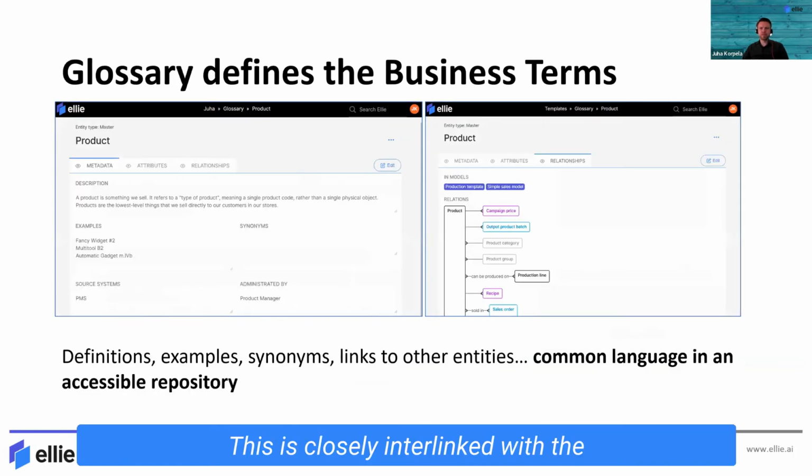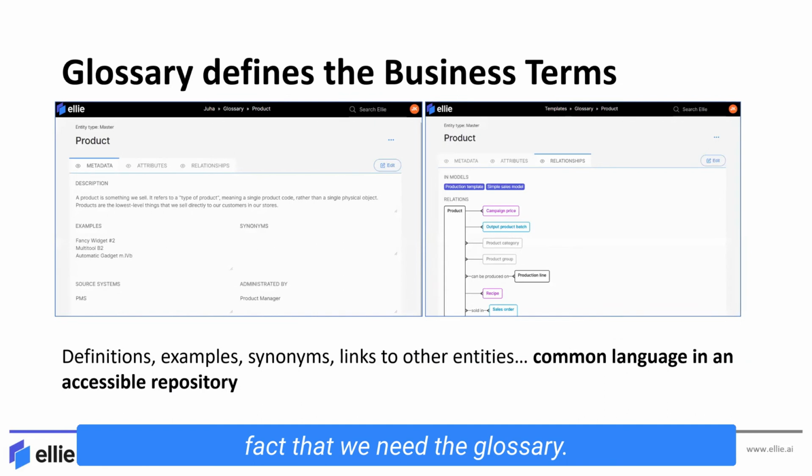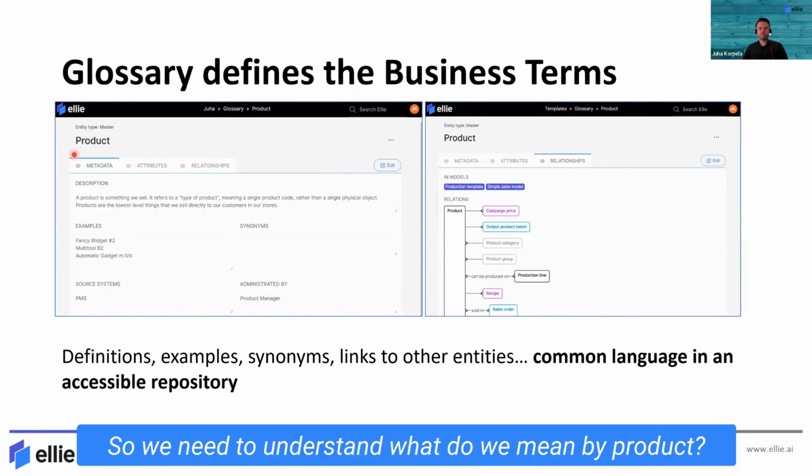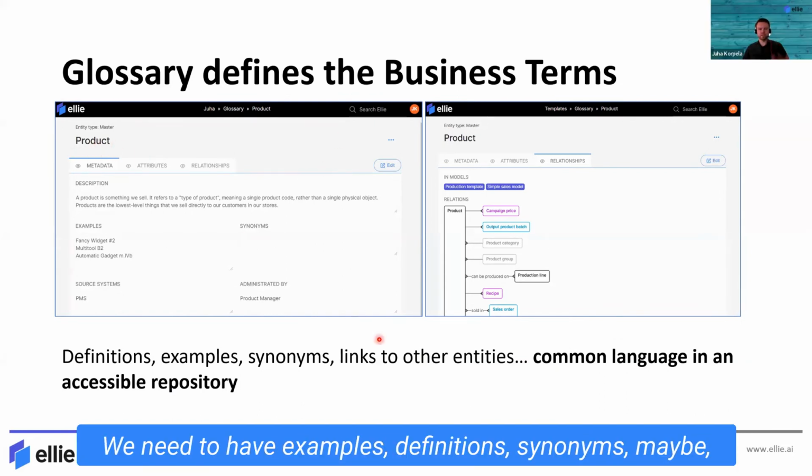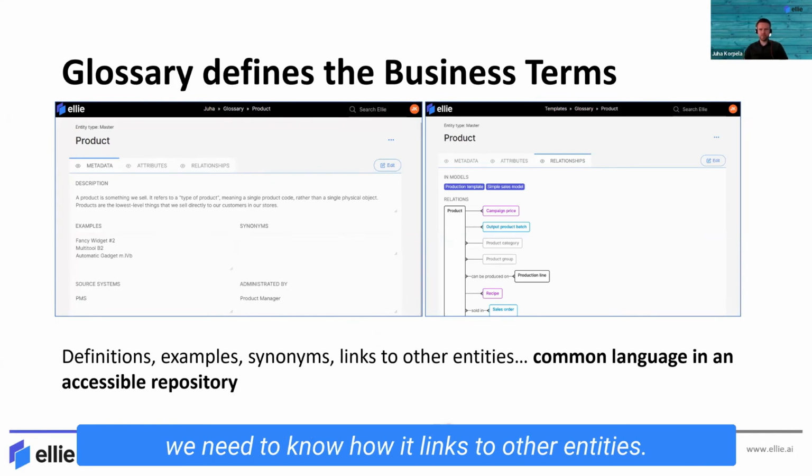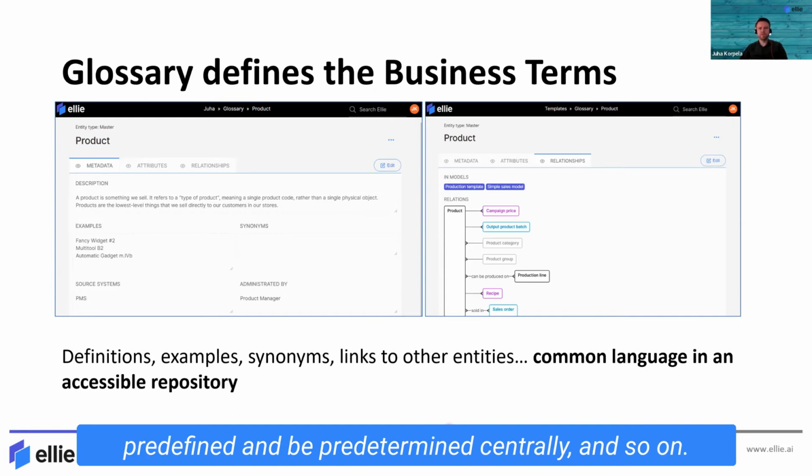This is closely interlinked with the fact that we need the glossary. So we need to understand what we mean by a product. We need to have examples, definitions, synonyms maybe. We need to know how it links to other entities. Common language has to be in some sort of accessible repository. Not saying that the glossary has to be predefined and predetermined centrally and so on.